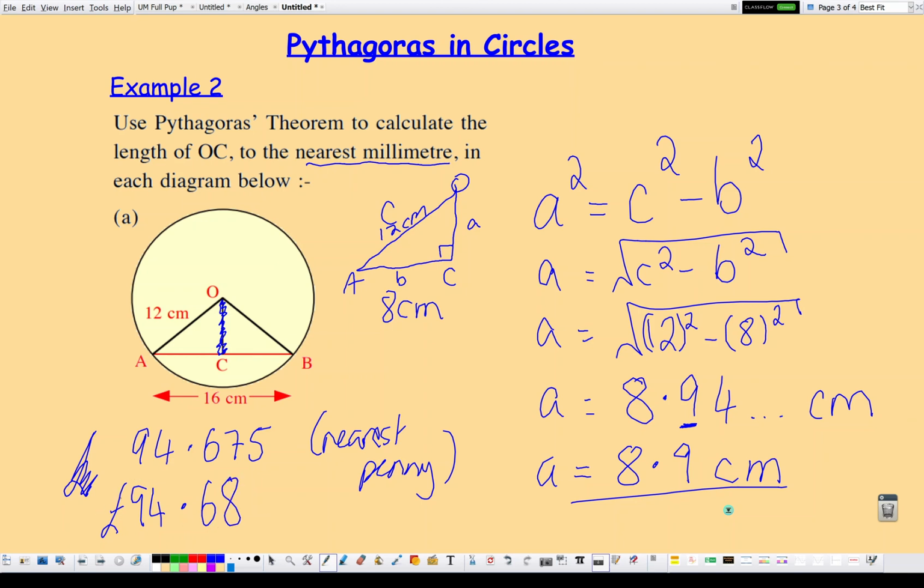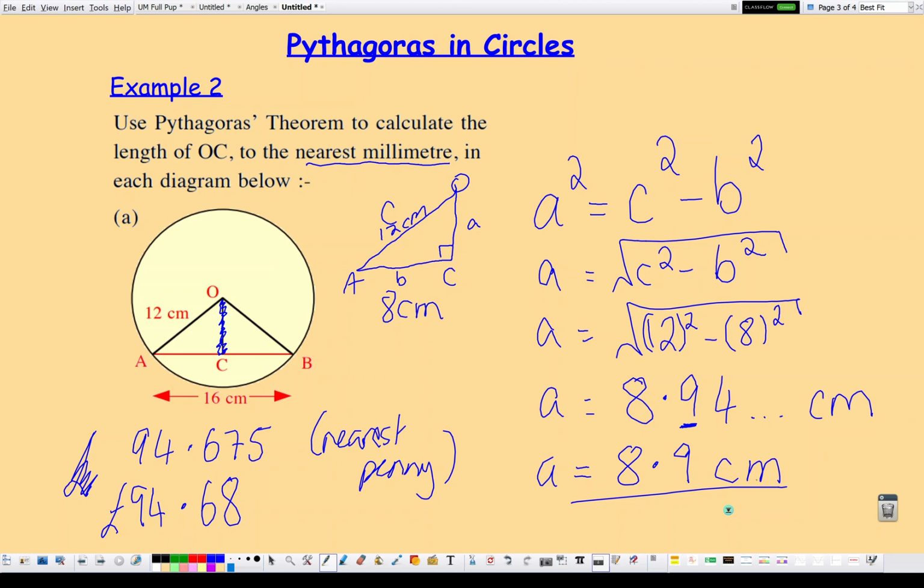Do you know what I mean? So in this case, it's asking for the nearest millimetre, which because it's centimetres is the first decimal place, so it's 8.9 centimetres. I don't really care too much about the specific rounding there. In most of the questions you're going to do, I don't think there are any units at all, so as long as you can do the calculation properly, that's all that matters for now. But just try and think logically about what I'm saying there about the centimetres.